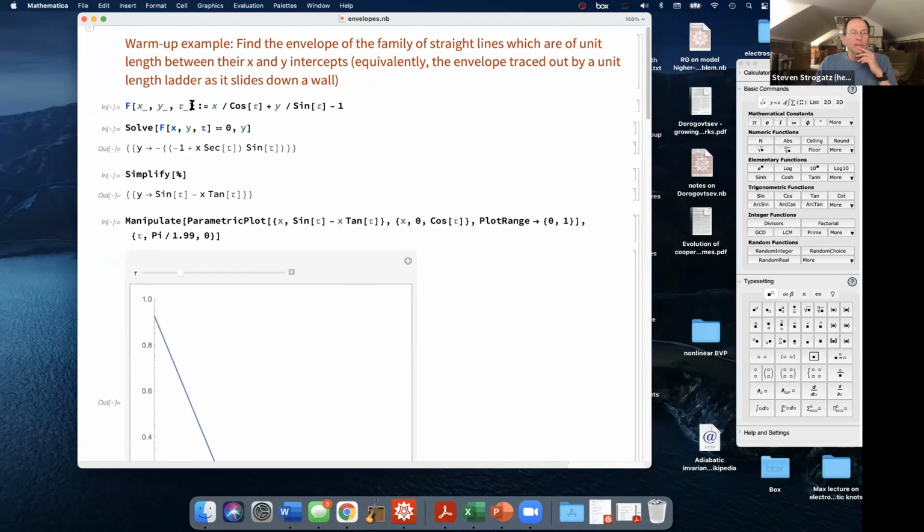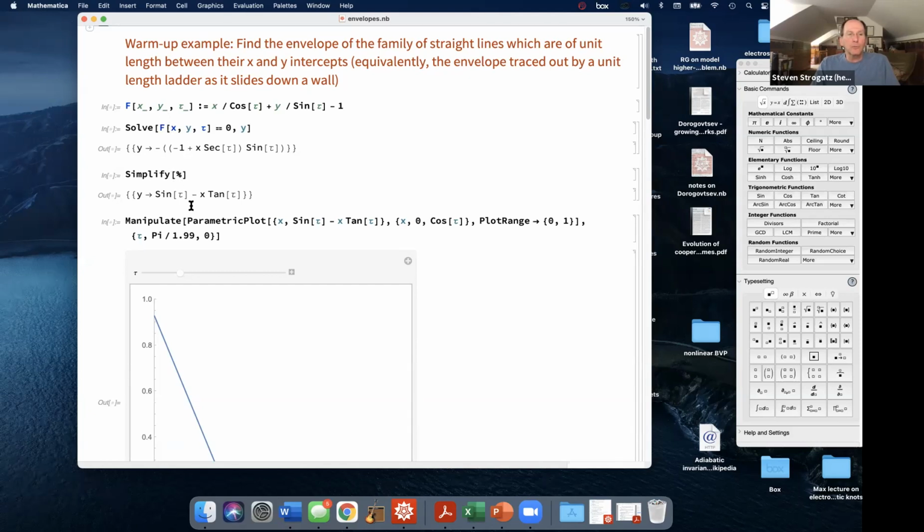All right, so I've written this family of straight lines, x over cosine tau plus y over sine tau equals 1, as a function. Think of it as some function f of x and y and tau. When that function equals 0, then we have a member of this family of straight lines.